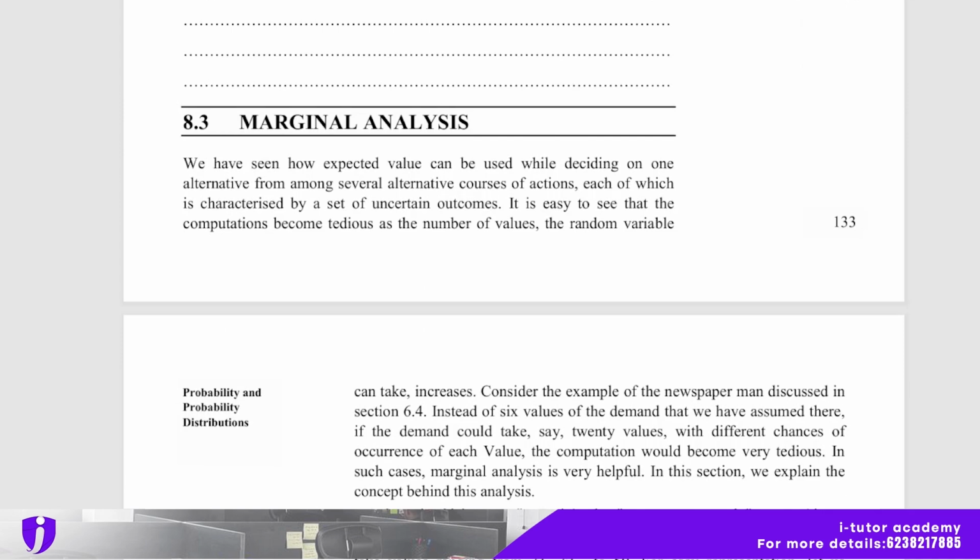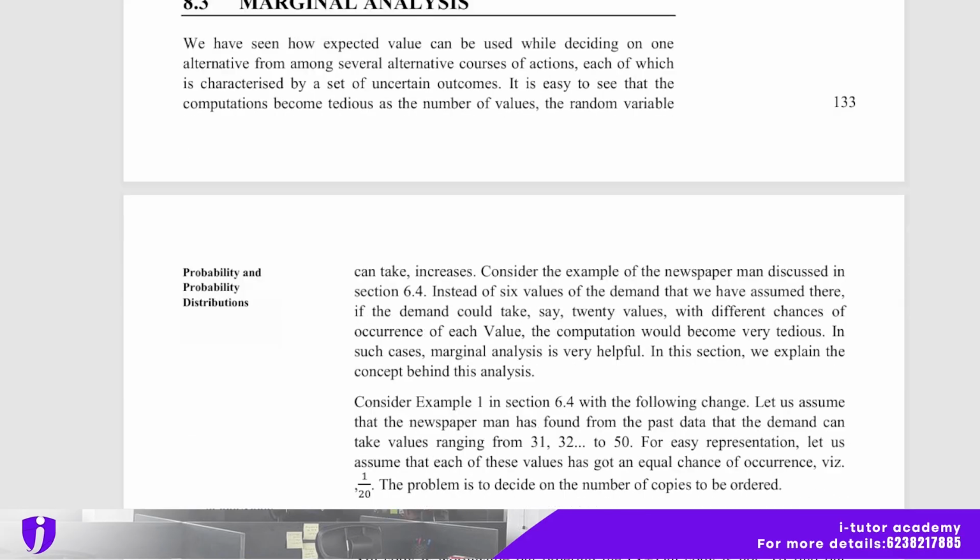Instead of the 6 values of demand that we have assumed there, if the demand could take say 20 values with different chances of occurrence of each value, the computation would become very tedious. In such cases, marginal analysis is very helpful. In this section, we explain the concept behind this analysis.